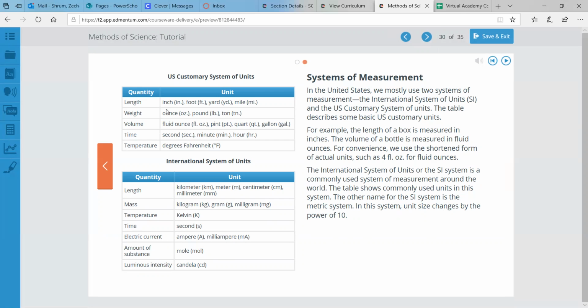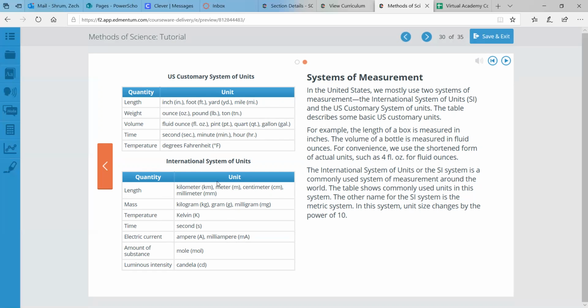Why is there 12 inches in a foot? Why not just make it 10 inches, right? It's just easier to remember. And then there's 3 feet in a yard. Like, why? And then in a mile, it's like 5,000 feet or so. Yeah, so it's just strange to me.